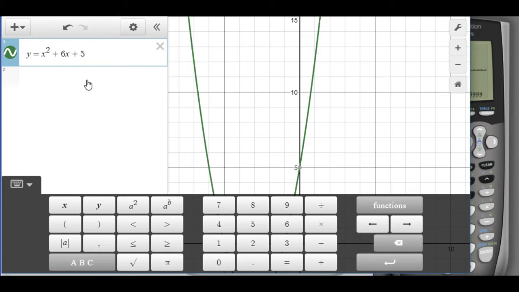Then I'm going to move and click in the second box to give y equals negative x Shift 6 2 minus 2x minus 3 to give me my other curve. If you make any mistakes, you can just click right to where you want to go and fix it.